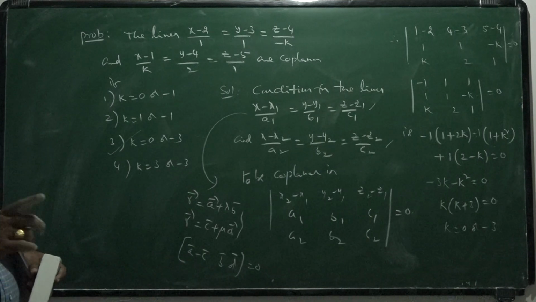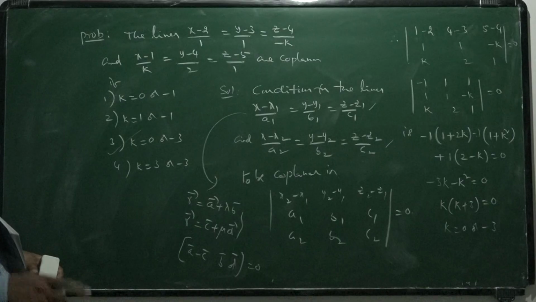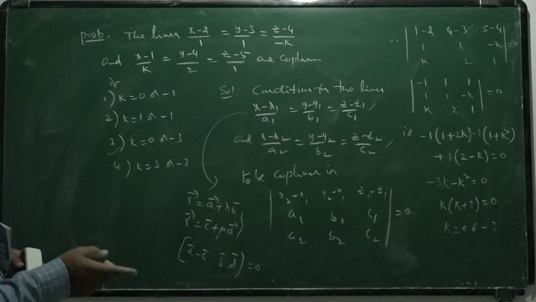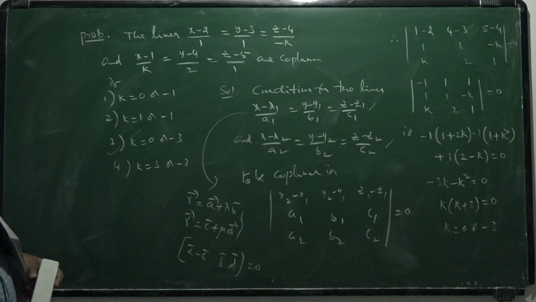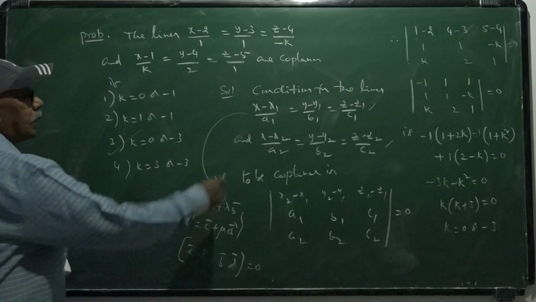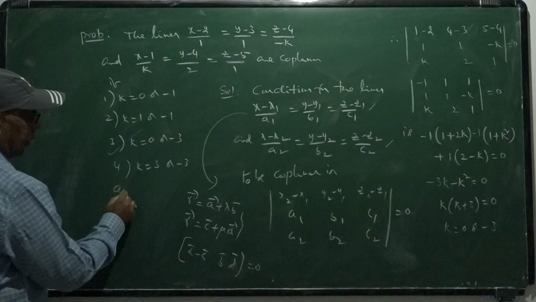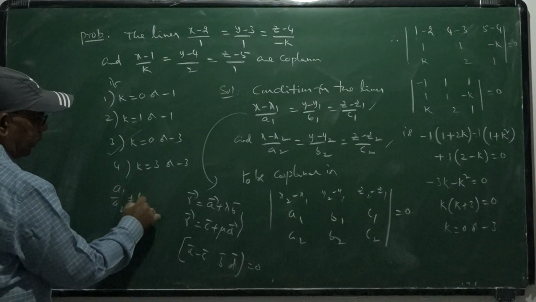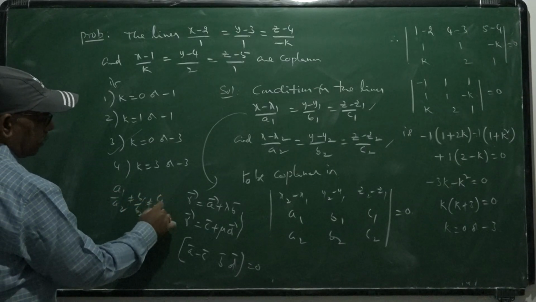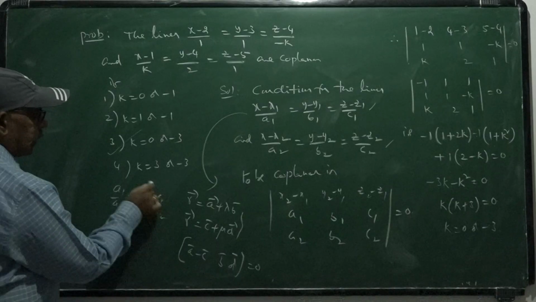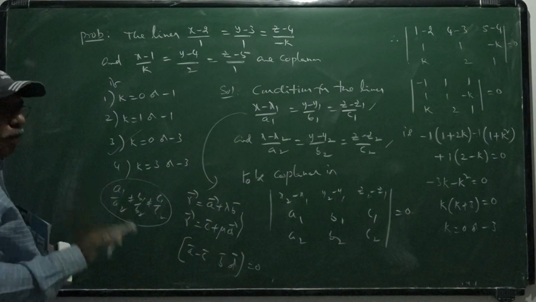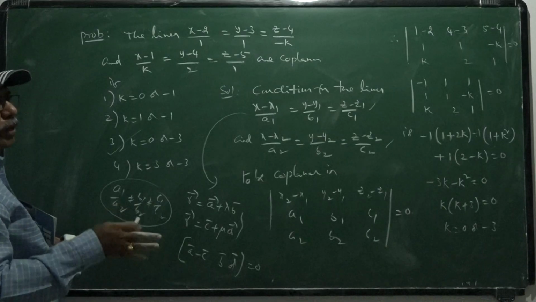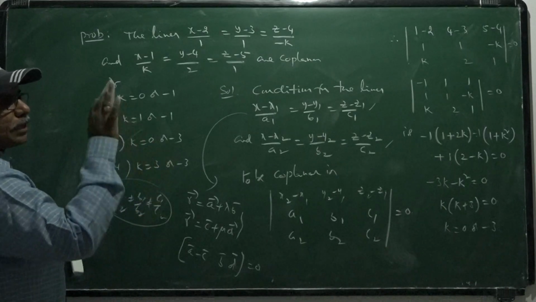The condition for coplanarity of three-dimensional lines is the same as the condition for the lines to be intersecting once they are non-parallel. That means if a1/a2 is not equal to b1/b2 is not equal to c1/c2, then you can say that the lines are non-parallel, and once they are coplanar, they are always intersecting.